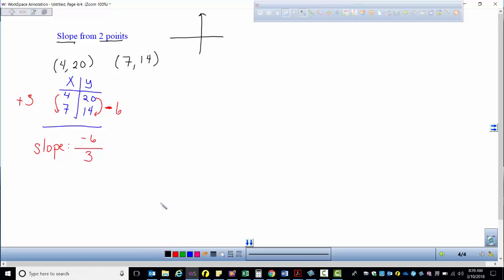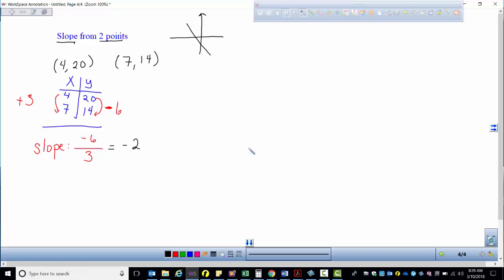And this is one that I can simplify. So -6 divided by 3 is -2. And I can just leave that. My slope is -2, so my line would be going negative. It's falling down.